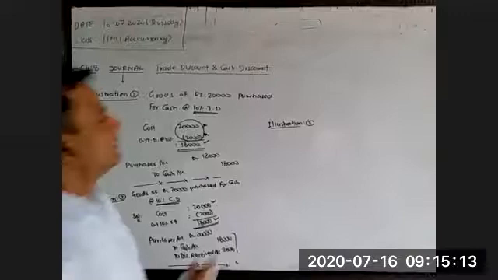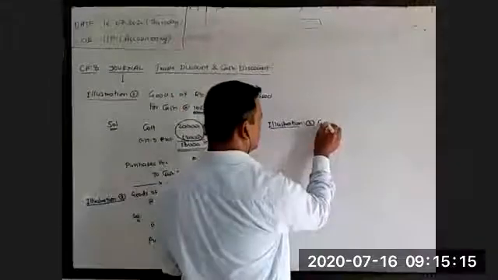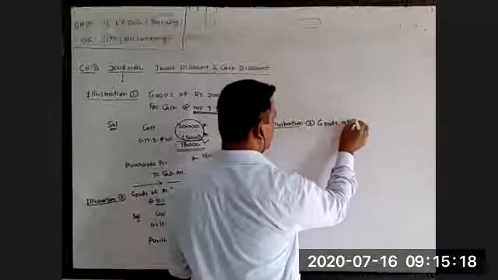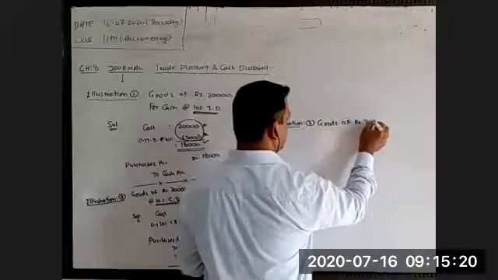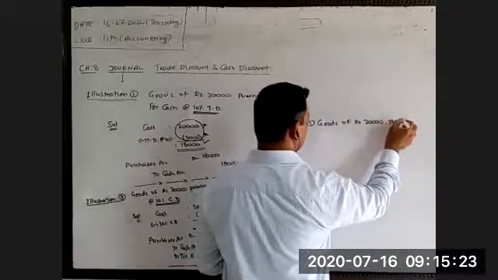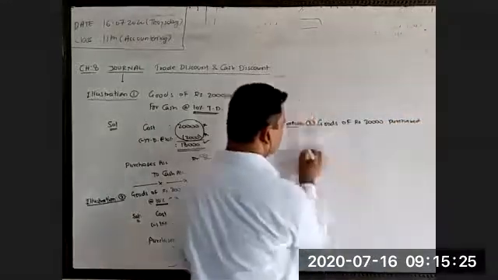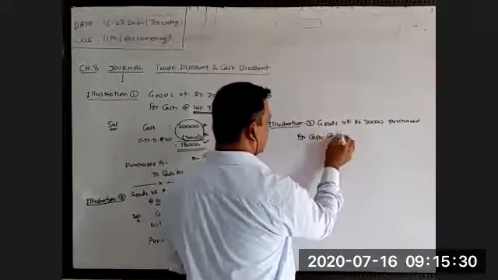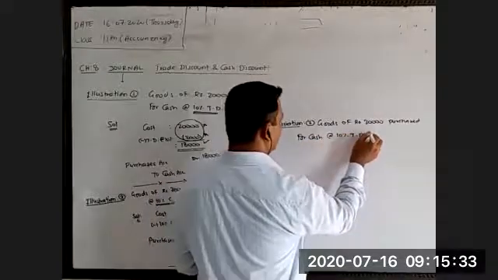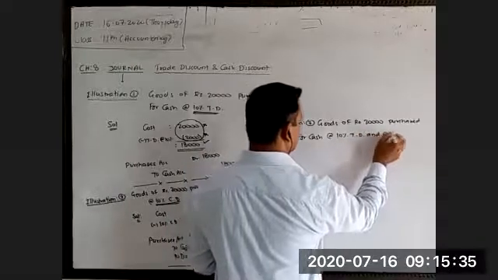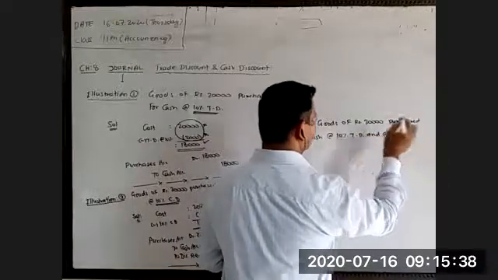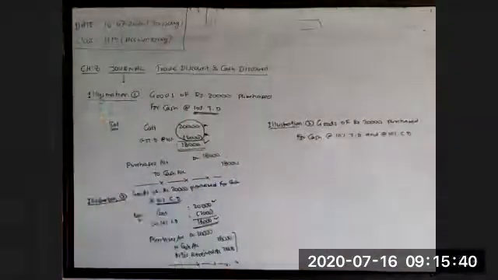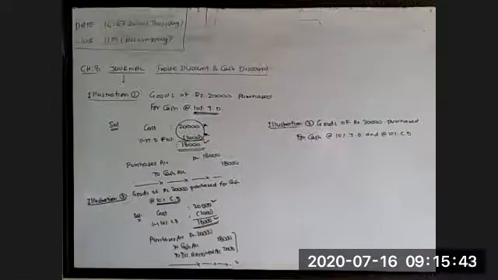Now, goods of rupees 20,000 purchased for cash at 10% TD and let's say 10% CD. In this question, both the things are given. Trade discount is also given to us as well as cash discount.